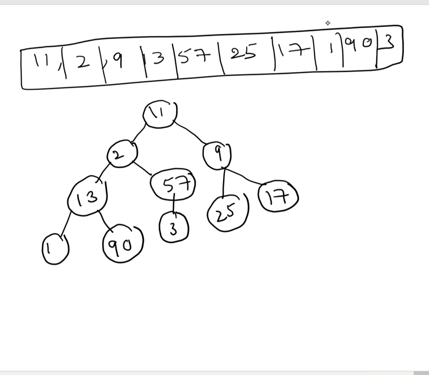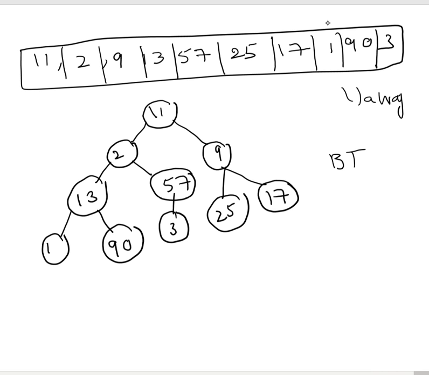So now what can be done here? These are the elements I have: 11, 2, 9, 13, 57, 25, 17, 1, 9 and 3. This is the tree I have drawn here. Okay, this is called a binary tree. This is the array. Now the array is divided into the binary tree.